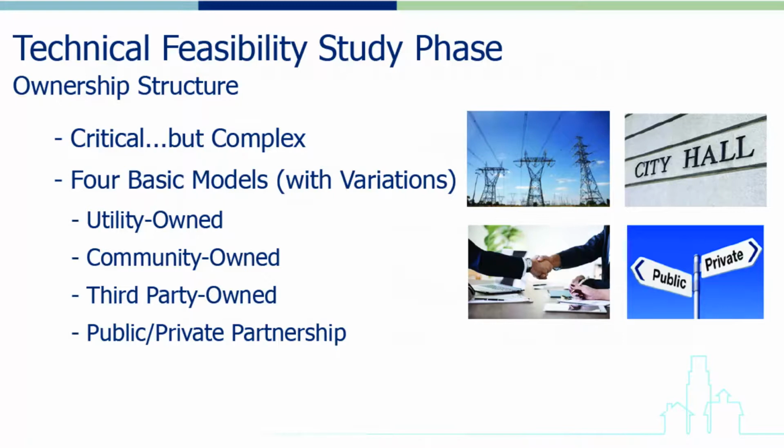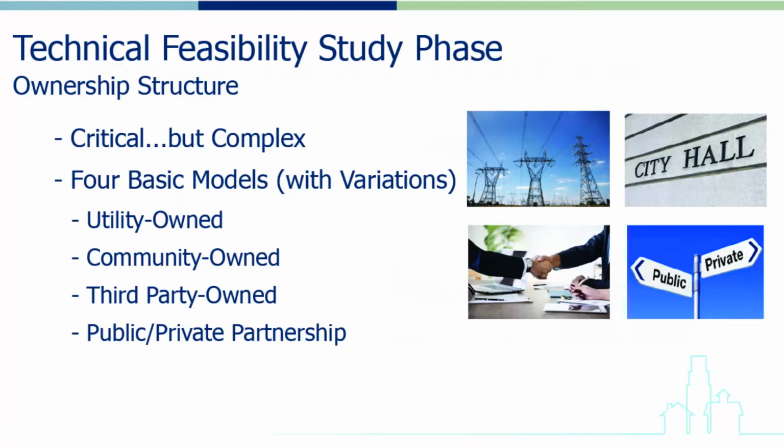Local communities can own microgrids funded by bonds or other sources, assuming they are legally permitted to do so. Third-party service providers can own and operate microgrids on behalf of communities, and communities and third-party service providers, including utilities, can jointly own and manage community microgrids through public-private partnerships.